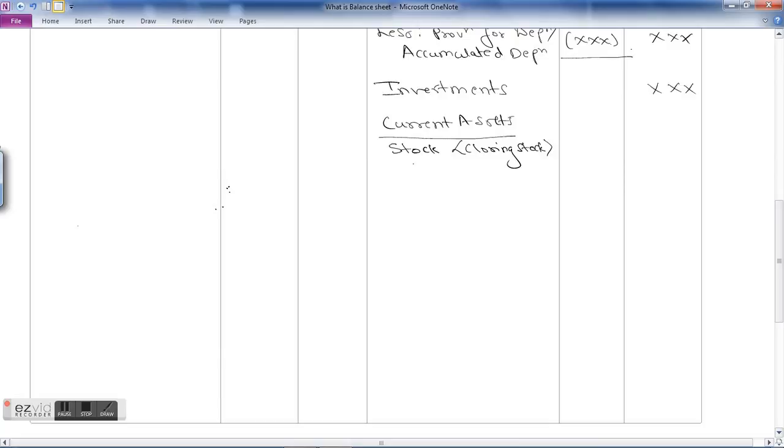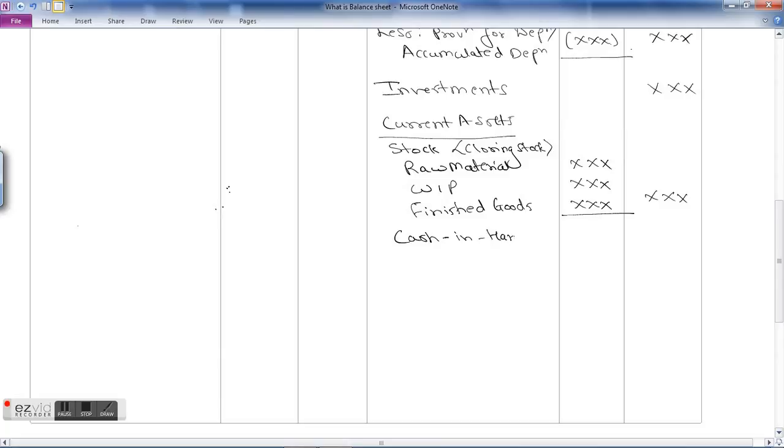Okay, now closing stock may be of raw material, the work in progress, finished goods. Okay, so all this closing stock will be appearing on the asset side of the balance sheet under the head current assets. Then you have cash in hand.